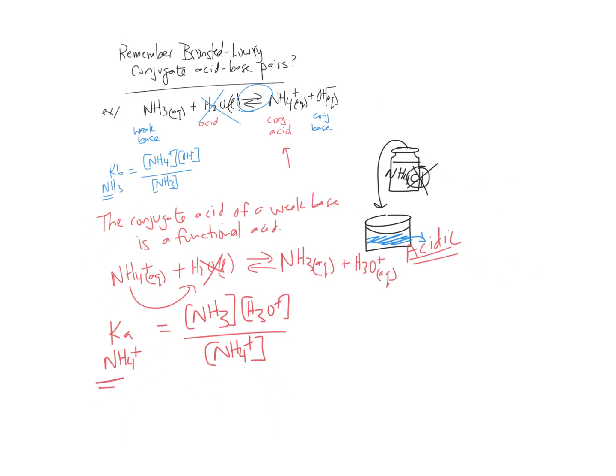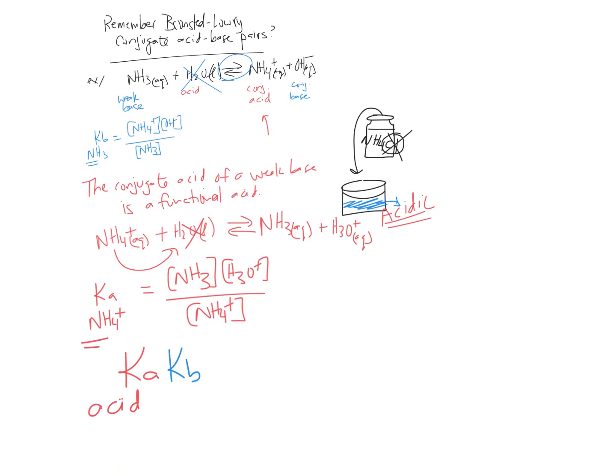if we take the Ka for an acid and we multiply it by the Kb for its conjugate base? What happens if we multiply those two together? Well, let's just plug in the algebra here and see.